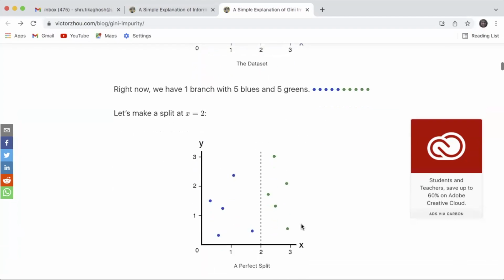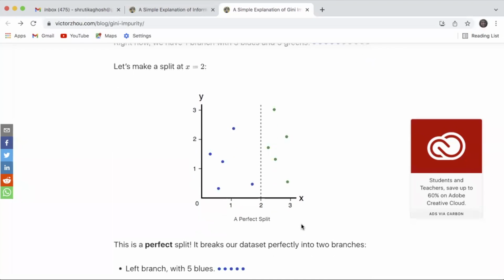You can see the next scatter plot. So x is equal to 2, you can say this is our model. On the left side all blue balls, on the right side all green balls. From this graph you can say this is a perfect split that we are able to do.